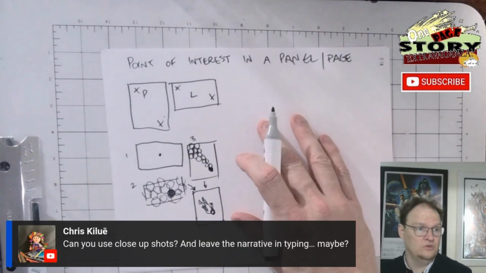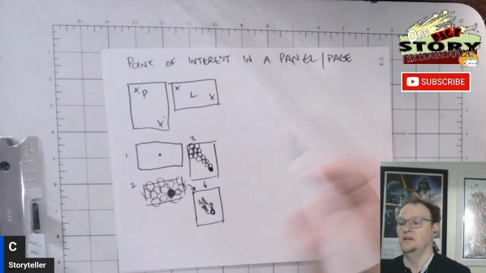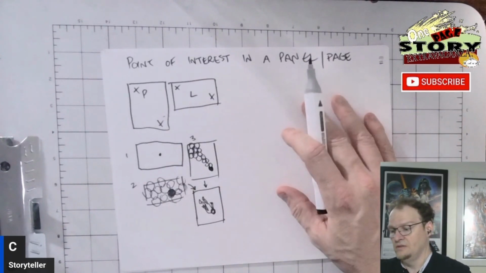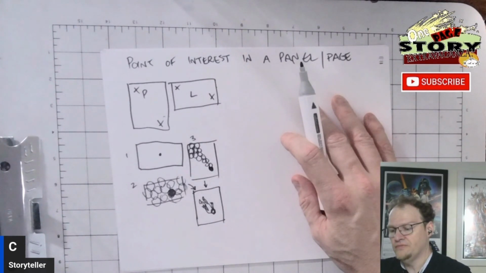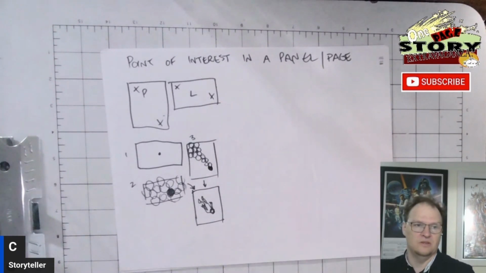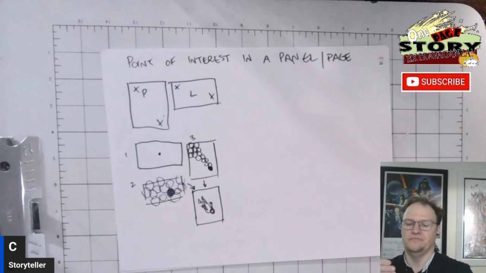Can you do close-up shots and leave the narrative and typing maybe? Yeah, of course you can. You can have a panel where it says, Bob woke up in the middle of the night and he's hungry.